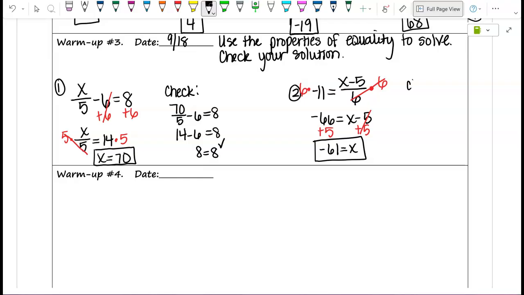And again, if we go in and check our solution, negative 11 equals negative 61 minus 5 divided by 6. Negative 11 equals negative 66 divided by 6. Negative 11 equals negative 11. It checks.